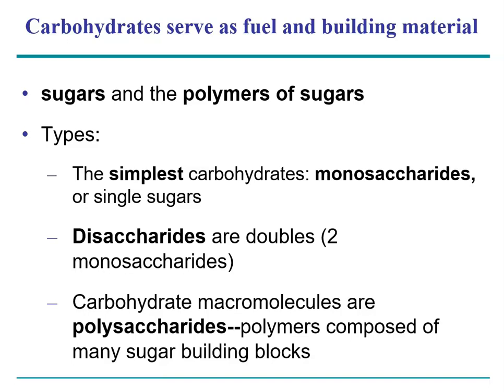If you go back to our previous lesson on the large biological molecules, we mentioned that carbs are types of polymers, and polymers are formed through the process of dehydration synthesis. We had the example of fructose and glucose combining to form sucrose.